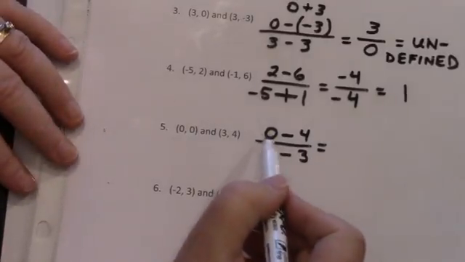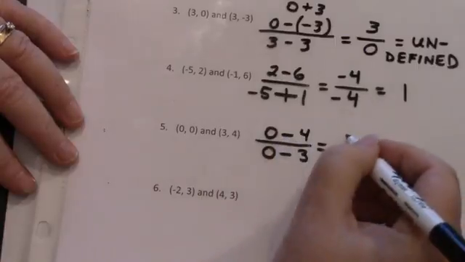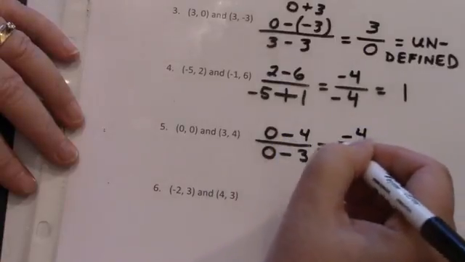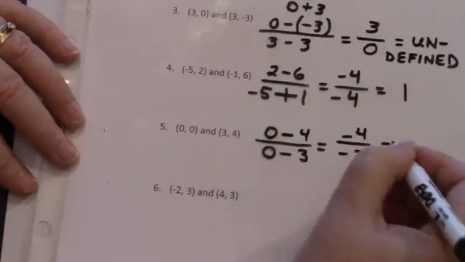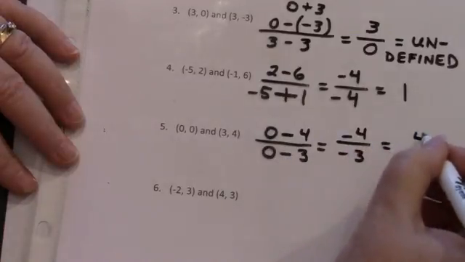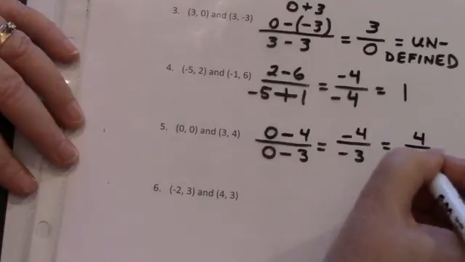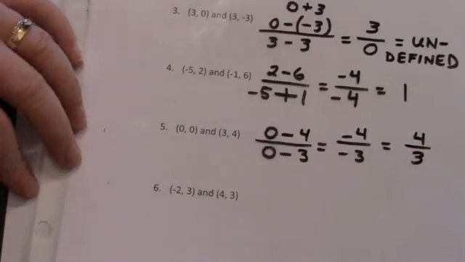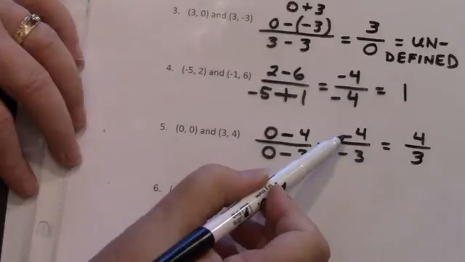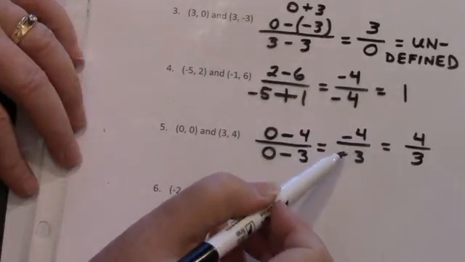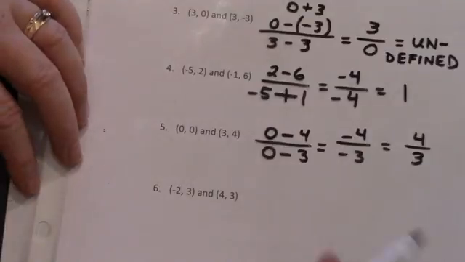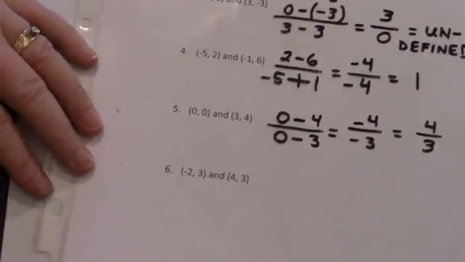Well, it's 0 minus 4, which gives us a negative 4. 0 minus 3 gives us negative 3, and we can't simplify this anymore other than making it positive. We're making it positive because a negative number is being divided by a negative number, so all that happens here is it becomes positive. So it is positive 4/3.